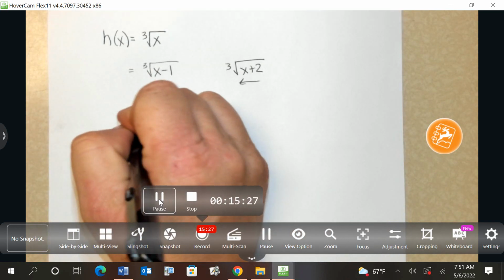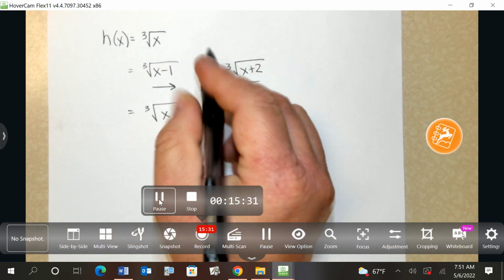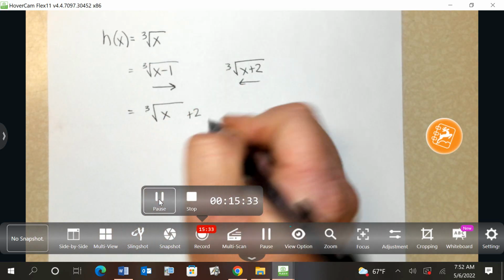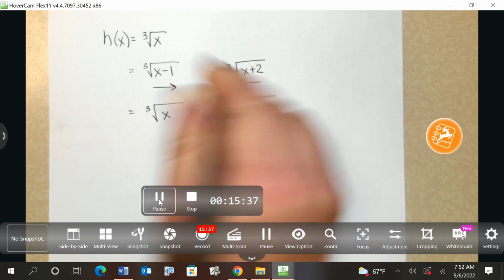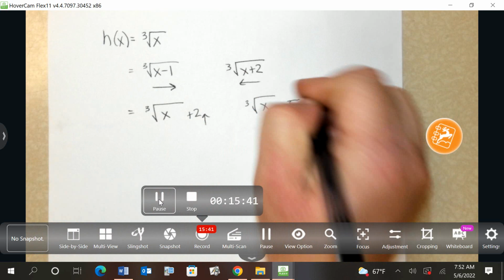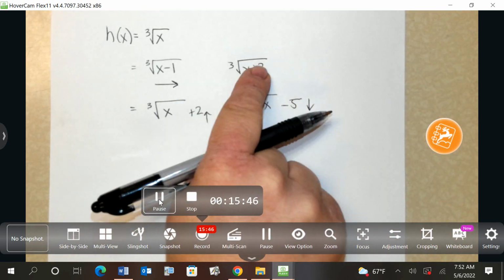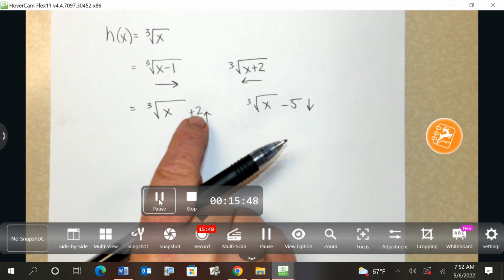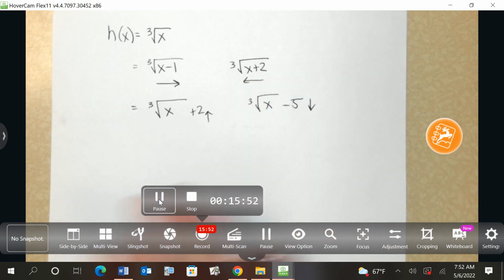If I wanted to show that it goes up 2 units, I take the basic parent function and I go up 2. It tells the truth. If I want to show that the parent function goes down 5, behind the radical symbol, I do a -5. Horizontal is inside, and it lies to you. Vertical is in back of the radical, and it tells the truth.